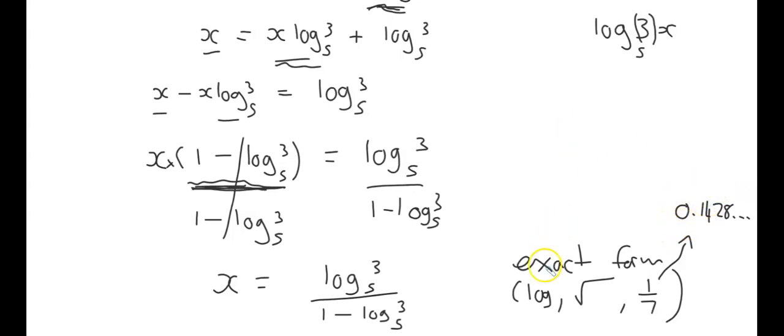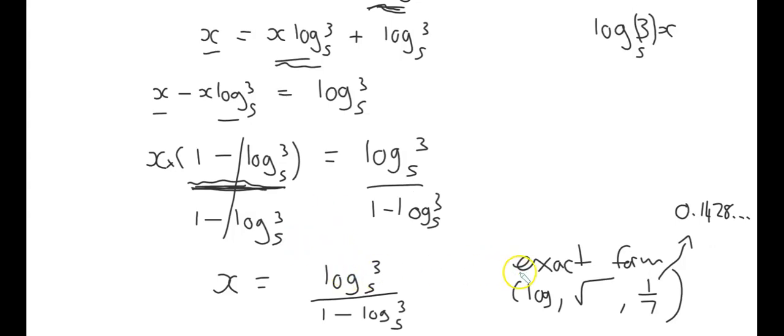And so another way to view exact form would be essentially the opposite of a decimal answer. So the exact form of 1 over 7 would be 1 over 7. The non-exact form would be the decimal answer, 0.1428.